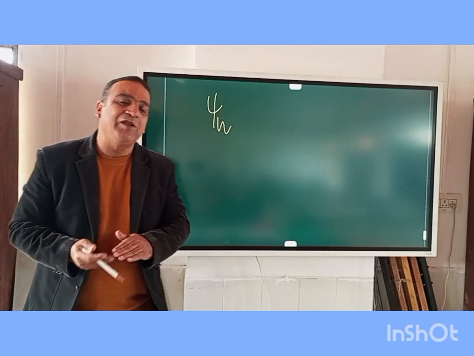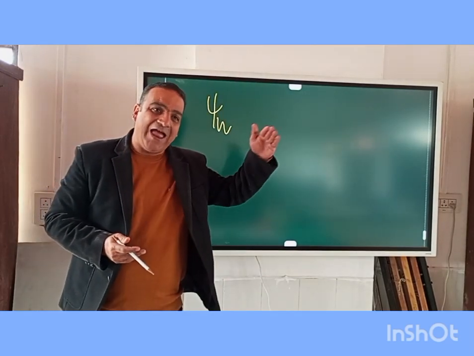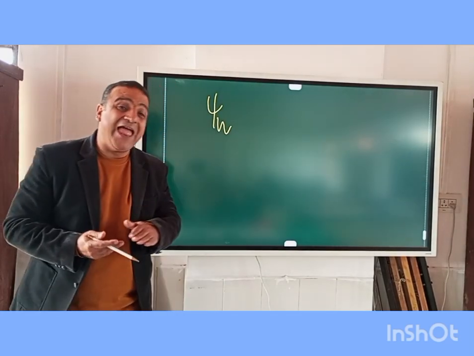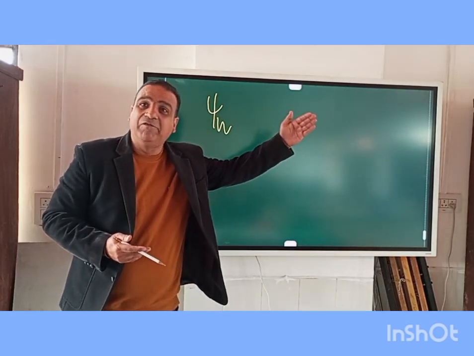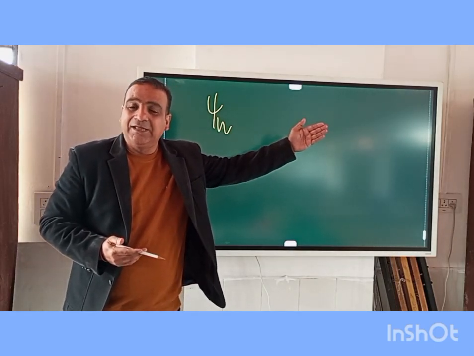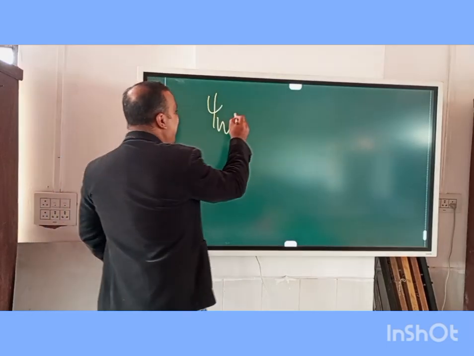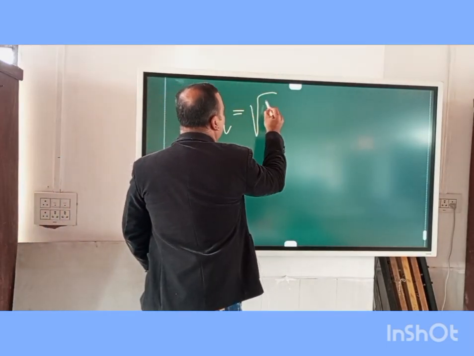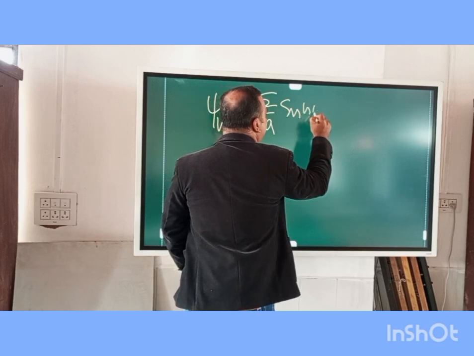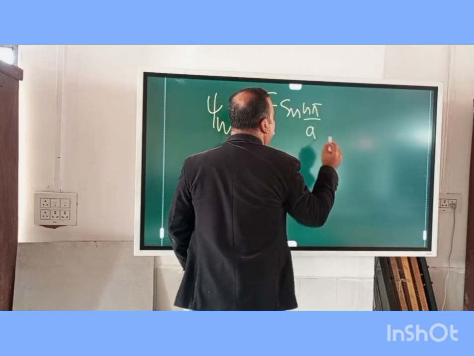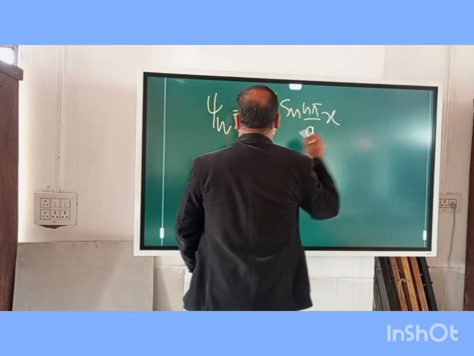So the wave function will also have n number of values, which means you will have an infinite number of values for the wave function in this problem. So psi n will be under root of 2 by a sine n pi by a x.